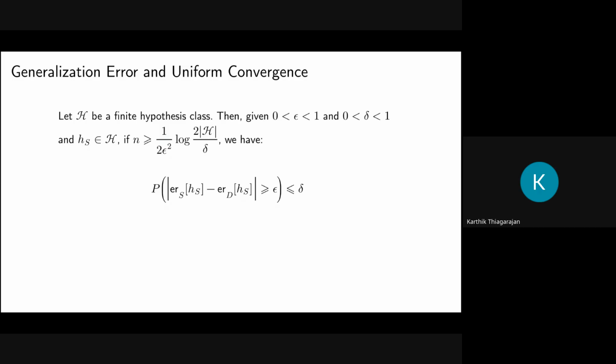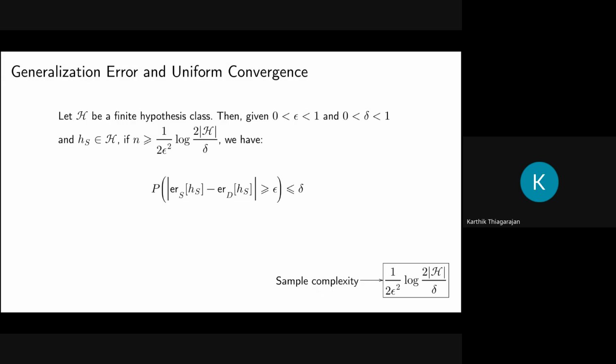What this is telling you is, provided you have enough samples, which is governed by this quantity here, called the sample complexity, the train error is a good proxy for the test error. And as n tends to infinity, the train error becomes a better and better proxy for the test error. That is what this is telling you.